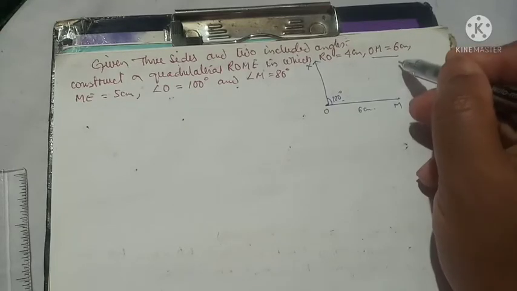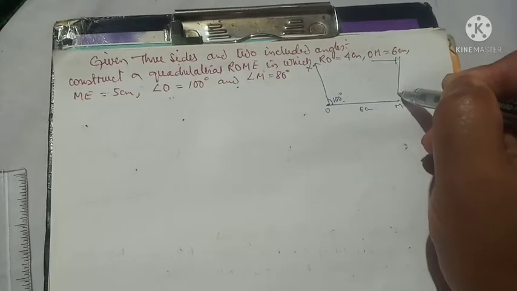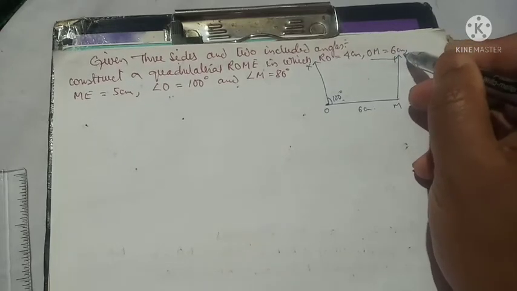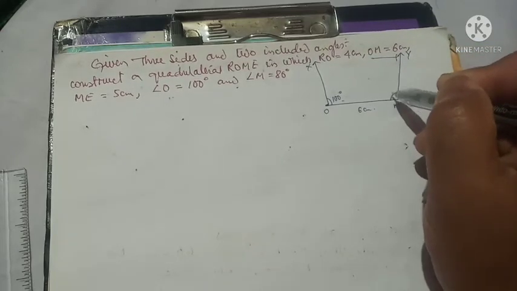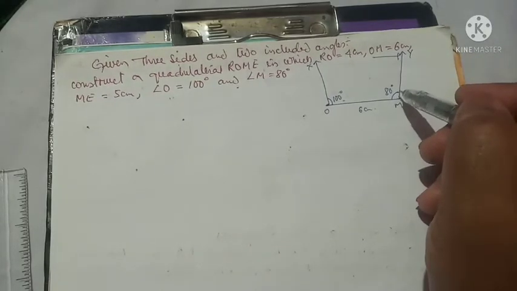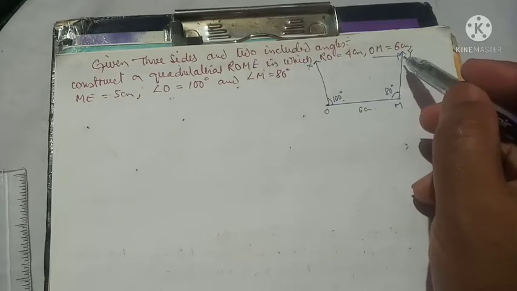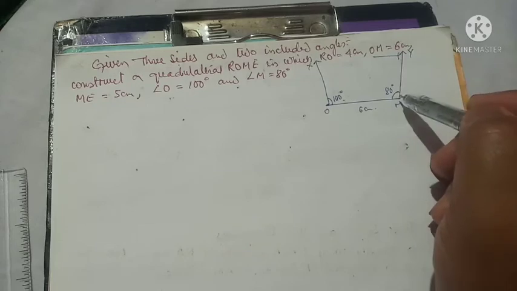Now again we draw one ray here, that we call Y. Here comes 80 degree. Then from M we draw an arc, with M at the center.